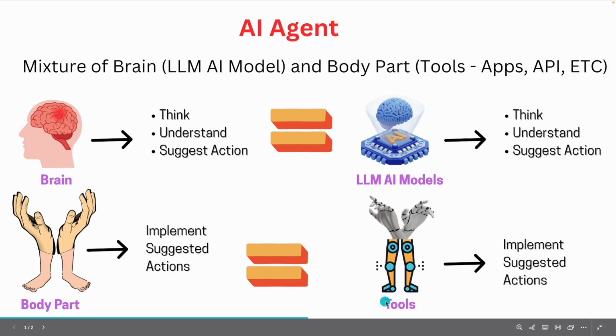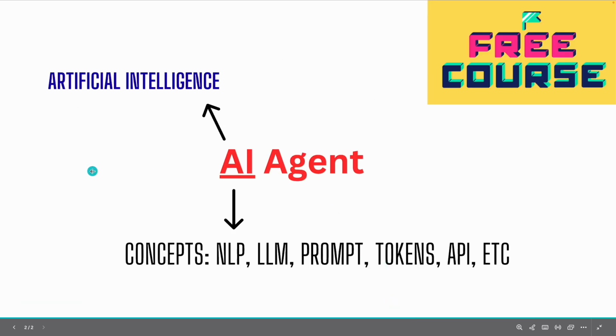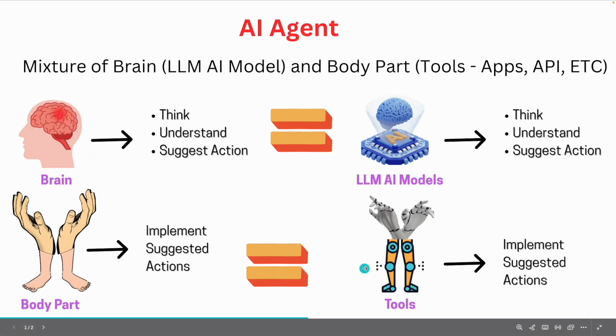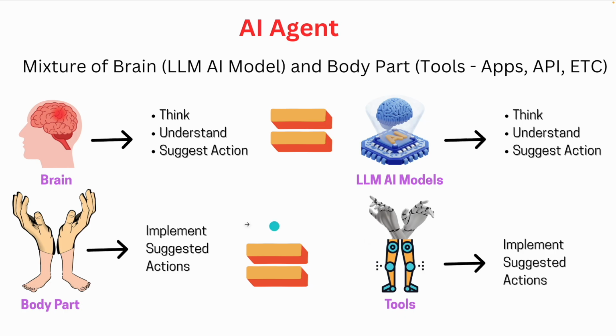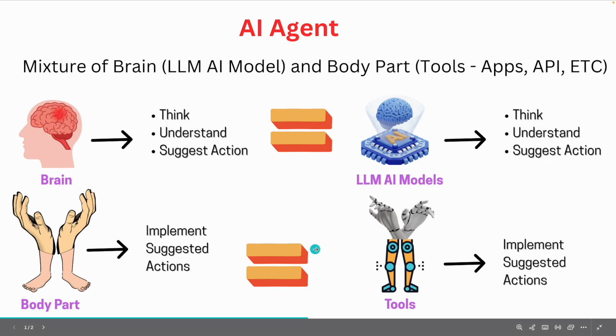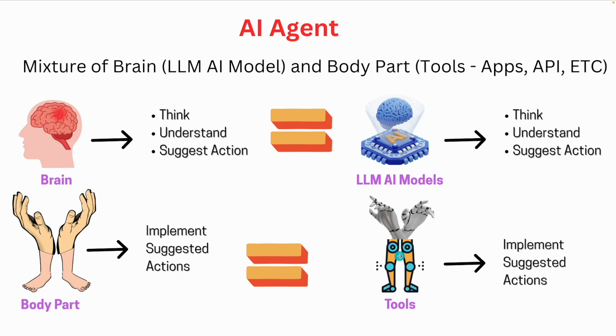Now similarly, like body parts, there are plenty of tools in the market from the point of view of an AI agent. They act like hands and legs, like we humans have body parts. So the AI agent has some tools which act like legs and hands that help to implement the suggested action.